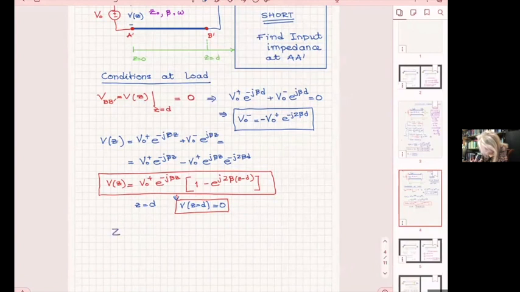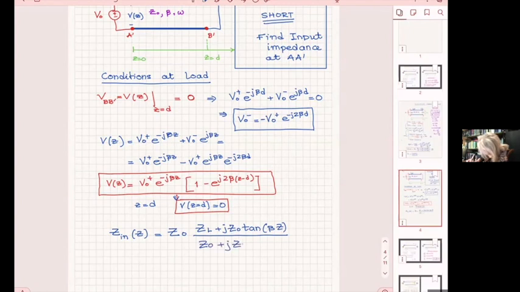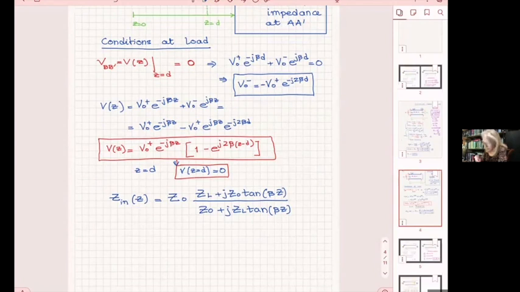We found that Z input at any point Z is equal to Z naught times (ZL plus j Z naught tangent of beta Z), since it's at any point Z, divided by (Z naught plus j ZL tangent of beta Z). All right, now, what do we have for this problem?